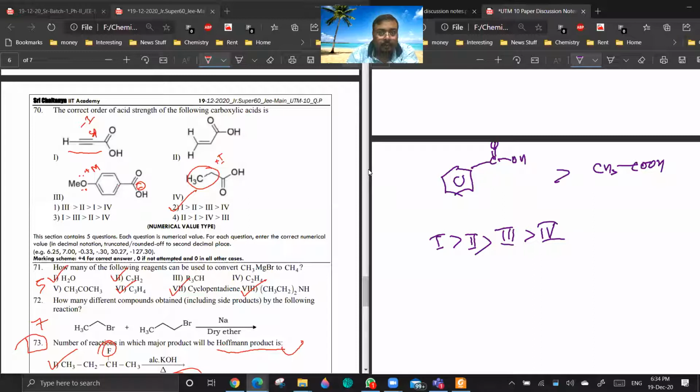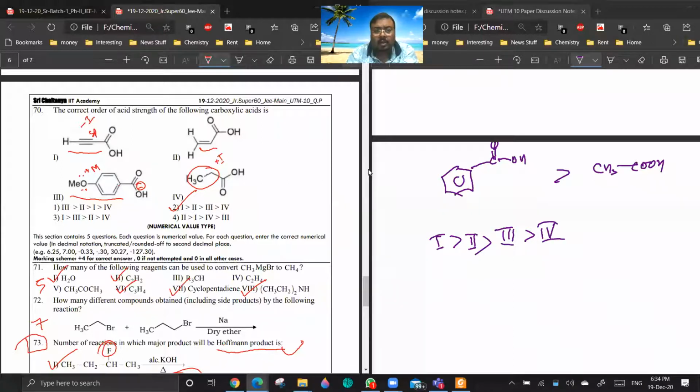Between 2 and 3, you are having a single vinyl group and you are having an electron donating phenyl ring. So there is no way of actually comparing these two effects. But if you check the values, 2 will be more than 3. Getting a point? Sir, in 3, if that OCH3 was not there, then 3 would be greater than 1.